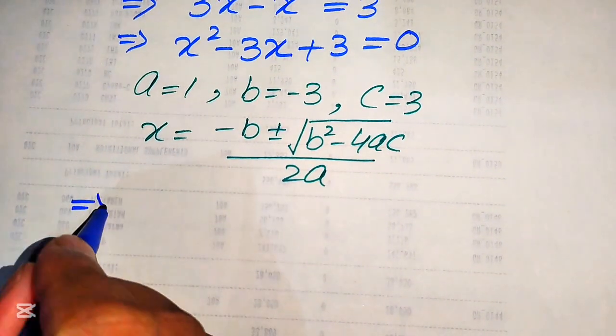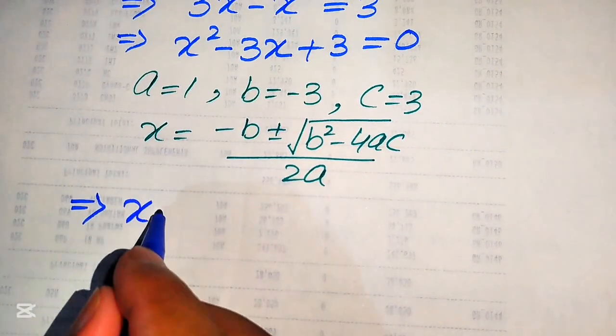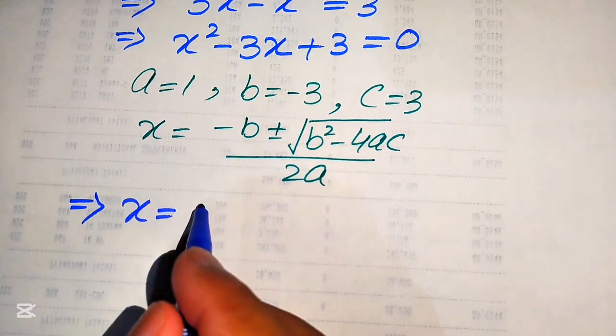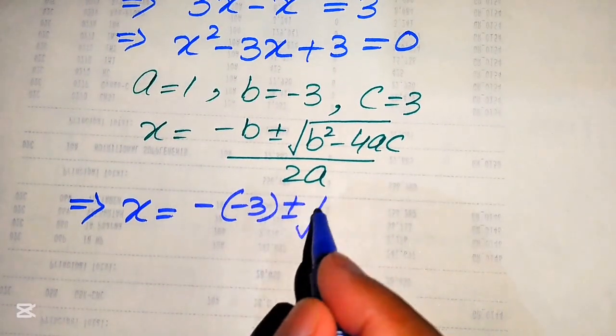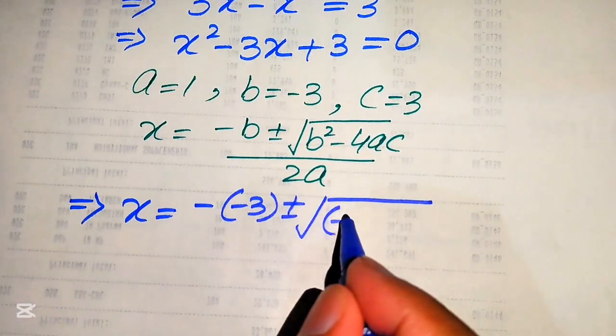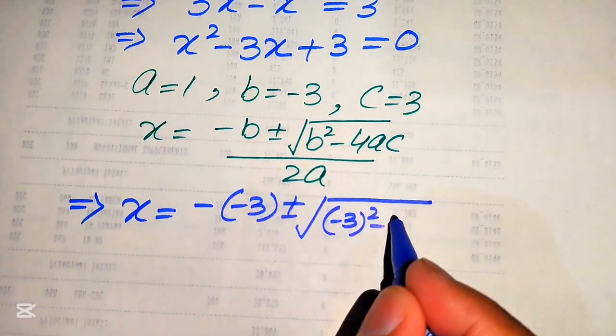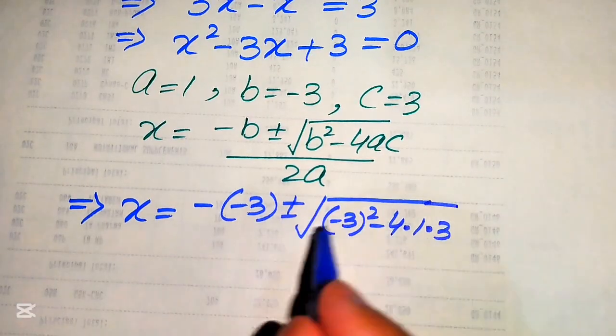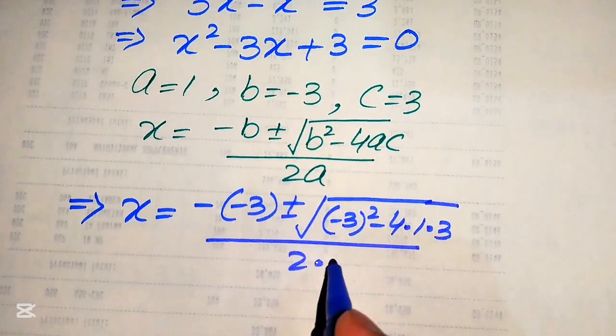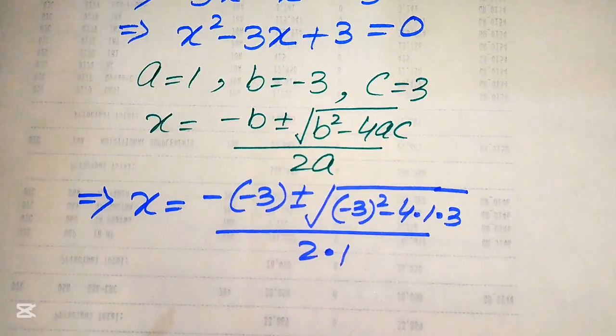Now we put the values of a, b and c in this formula, so we have x equals minus b, the value of b is minus 3, plus minus square root of b square, so minus 3 square minus 4 times a which is 1 and c which is 3, divided by 2 times a.